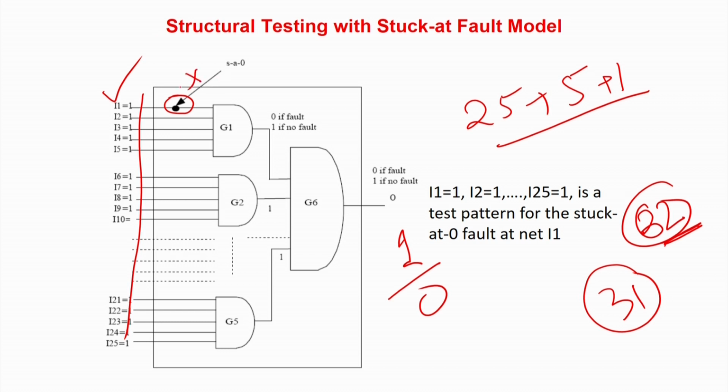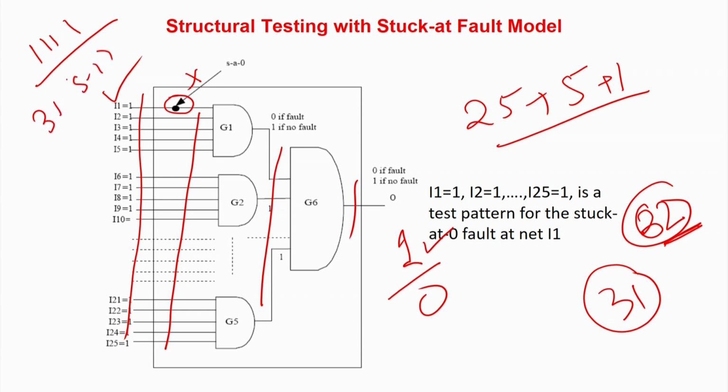Similarly, it is very easy to observe that all ones with the output also being 1 basically guarantees that none of these lines has a stuck-at-0. So the all-ones pattern basically verifies these 25 lines plus 5, 30 and 31 lines. This all-ones pattern verifies that 31 stuck-at-0 faults are not present.